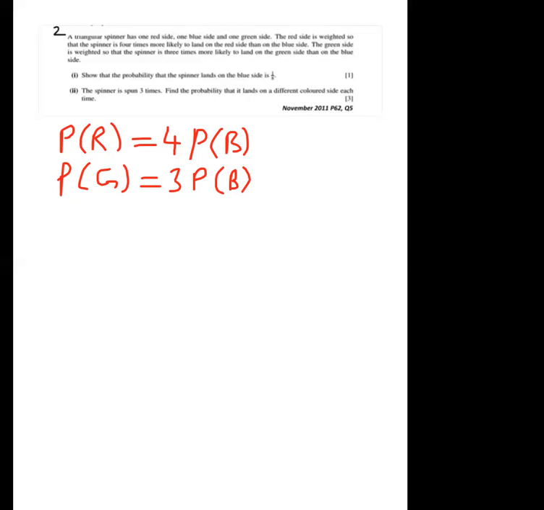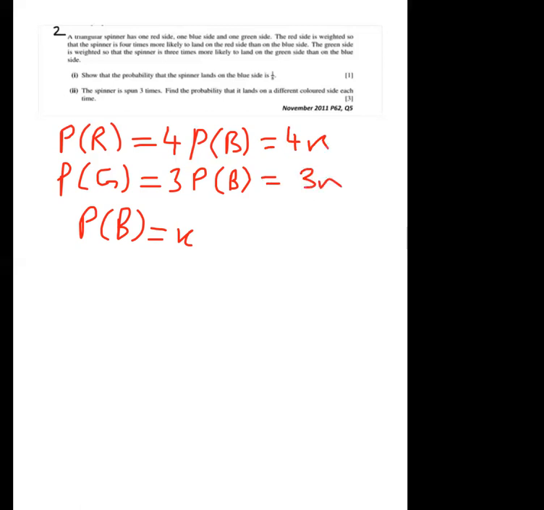So if I say that probability of B is X, I can replace probability of B in these two equations by X. So I can write these as 4X and 3X.